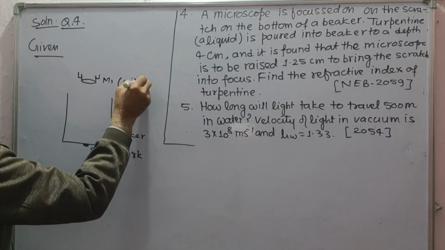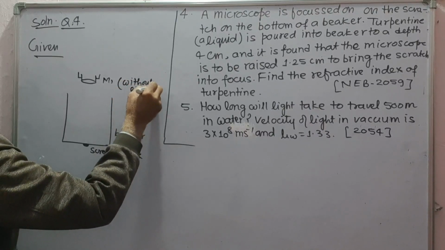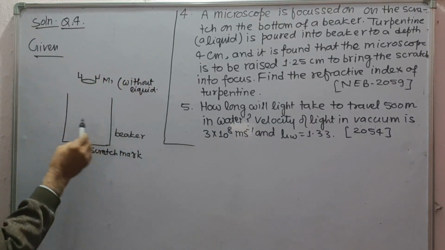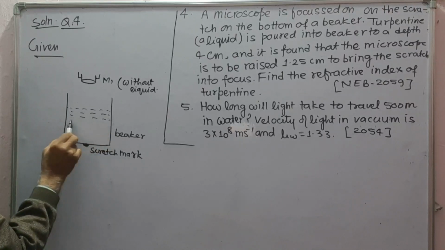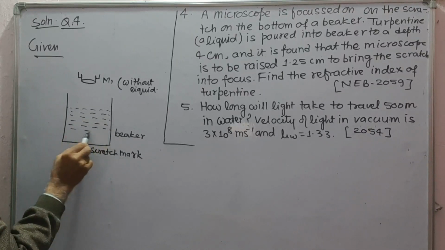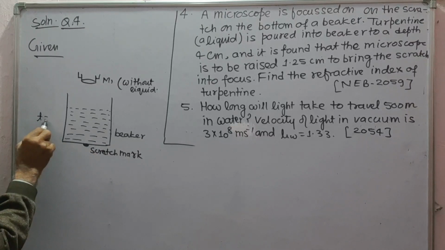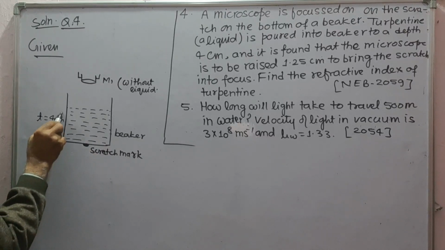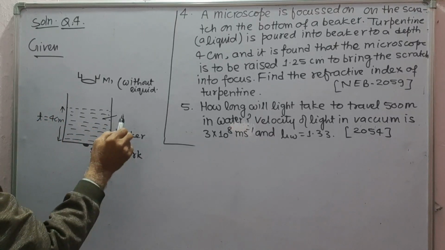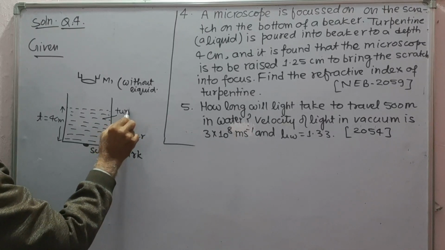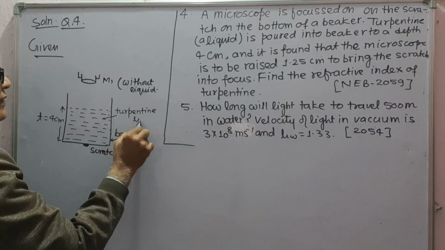And when the beaker is filled with turpentine liquid to a height T equal to 4 cm, this is the beaker and this is the turpentine liquid.